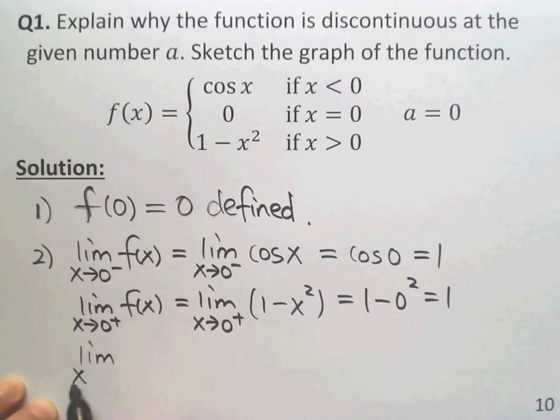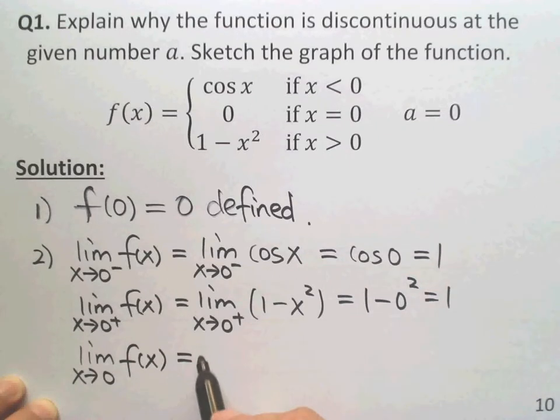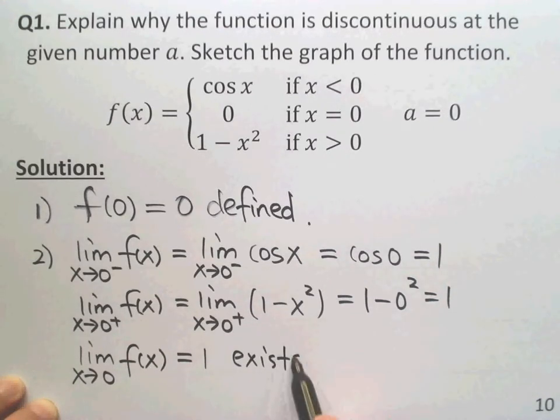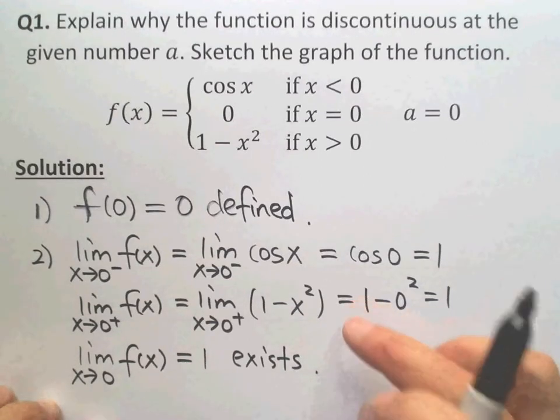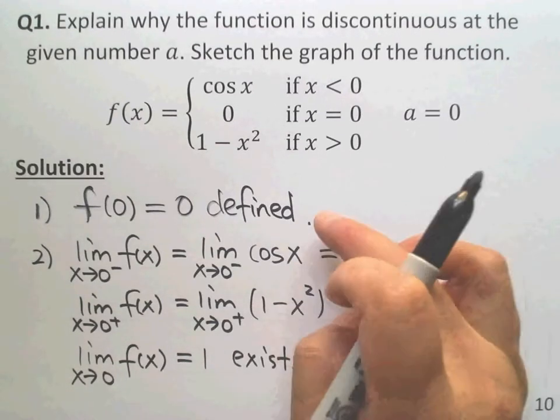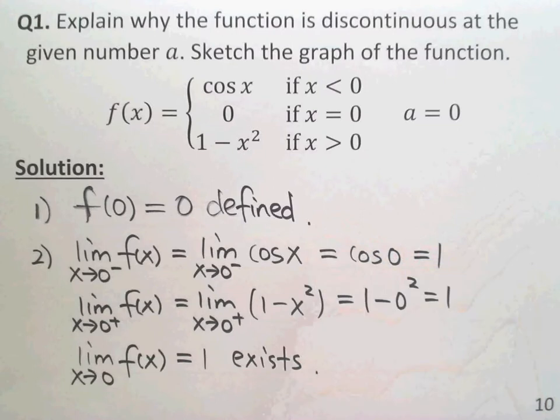So what do we get? The limit when x approaches 0 exists. What is the value? 1. Very good. So this is the second condition. The first is satisfied.